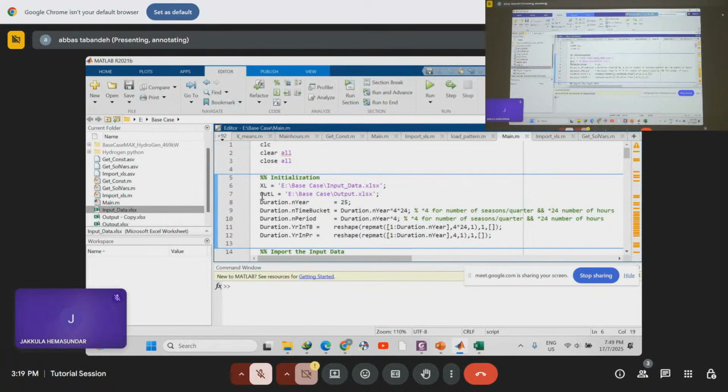And here we need to define the directory of our output file. We need to again copy this one and paste it behind the slash output.xlsx. It depends on the directory of the folder that you put on your PC.